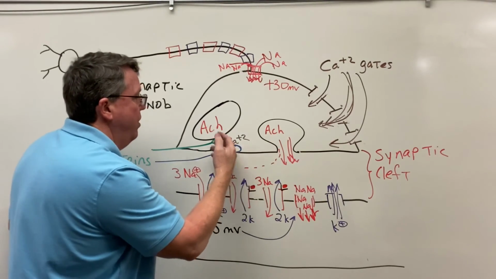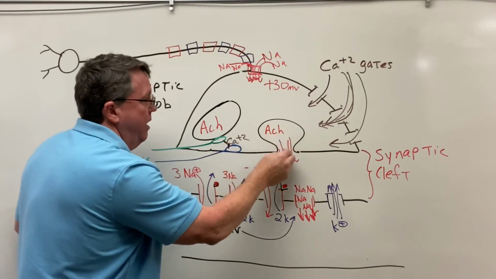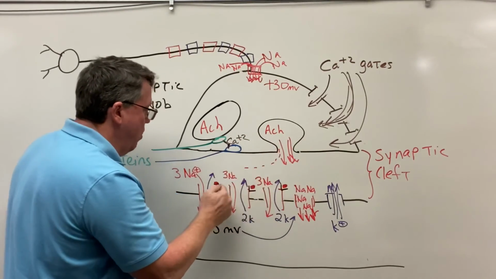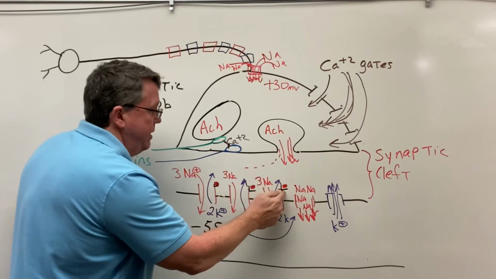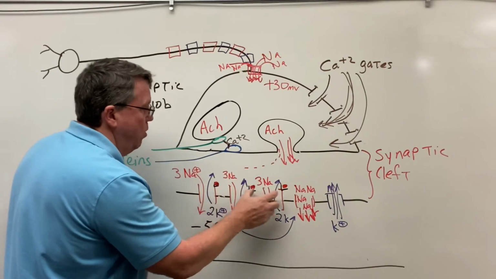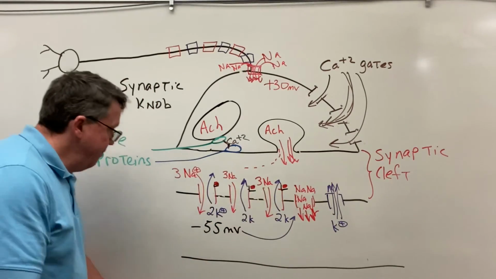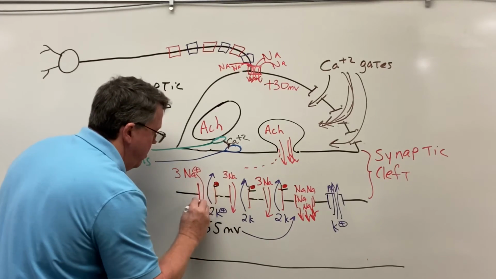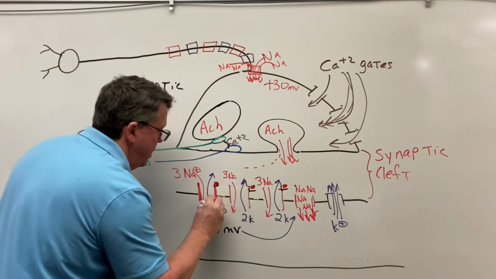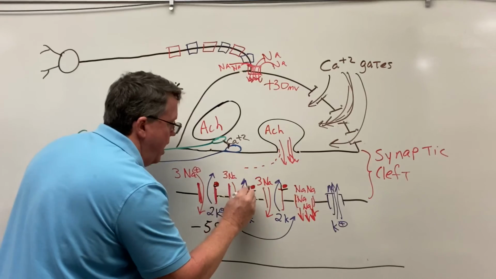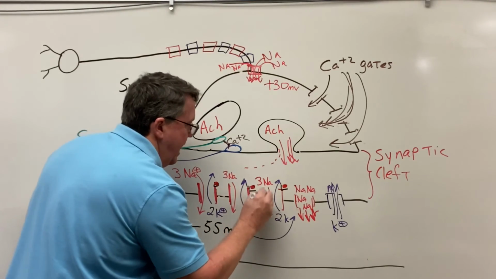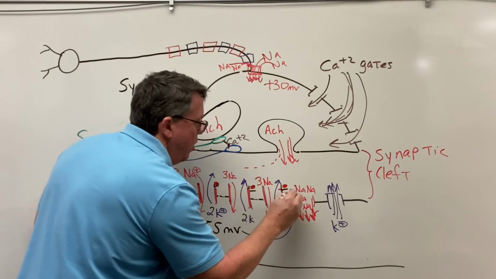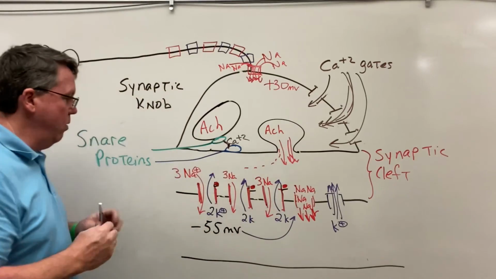And what happens when I pull this acetylcholine out, like you're seeing here, the acetylcholine will come across and attach to receptors on these proteins here, these channels here. Let me draw these a little bit bigger. Okay, onto these channels here. And what will happen now is that 3 sodium go in and 2 potassium go out.